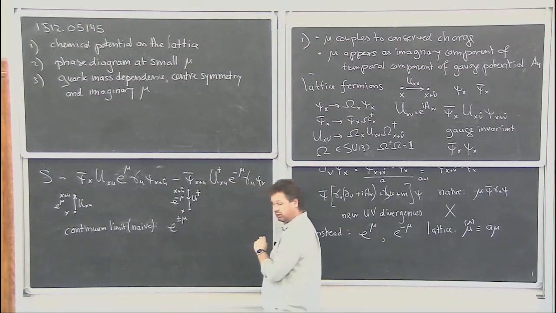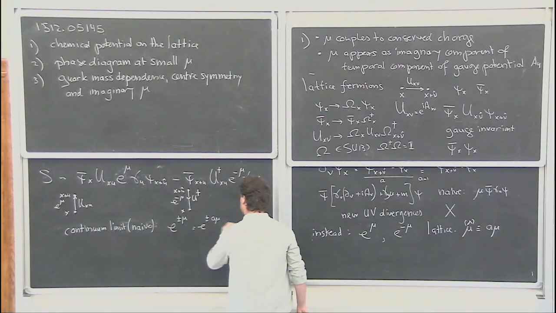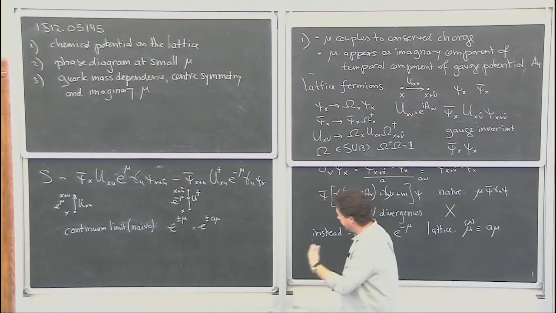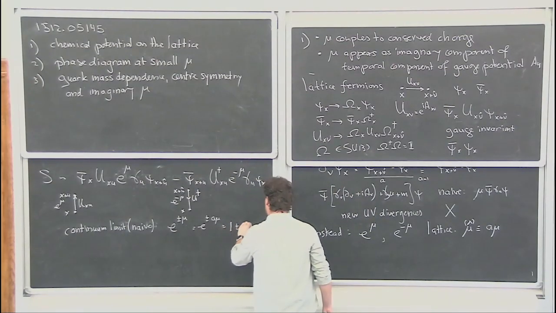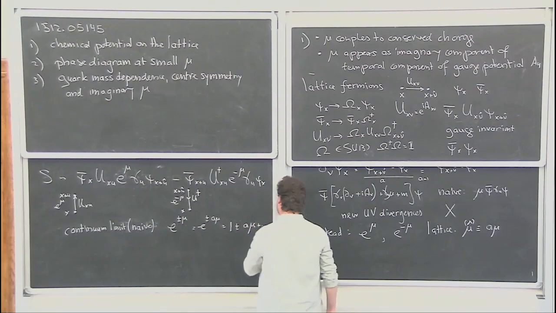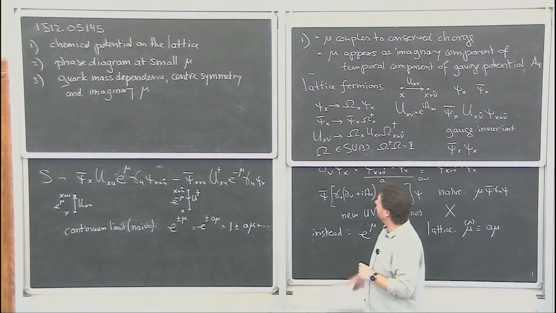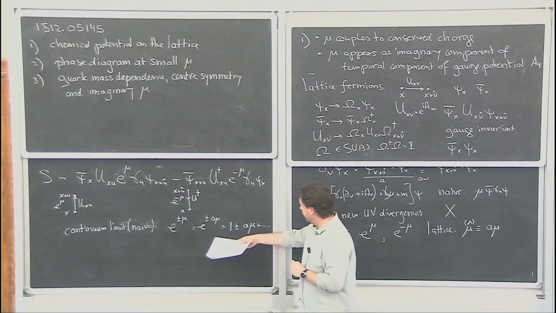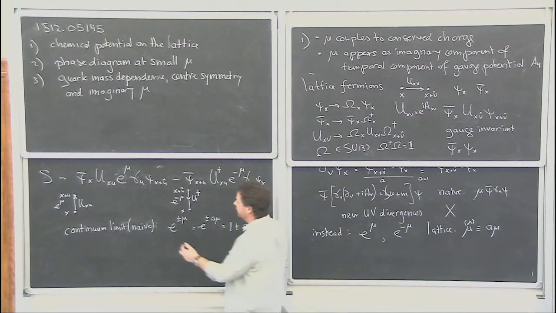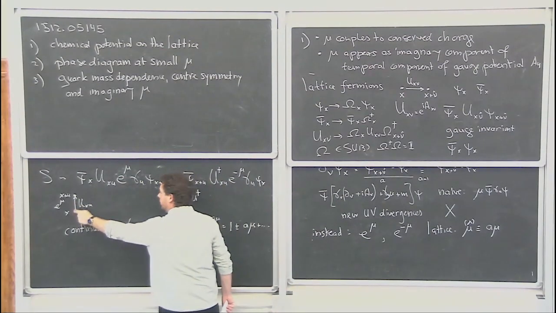Remember, this was in lattice units, so this was actually e to the plus or minus a mu. If I expand this out, then this will be 1 plus or minus a times mu plus higher order terms. So I get a term linear in mu, which is what I expect from the continuum theory. And if I take this expansion, I can also expand these differences between x and x plus nu.